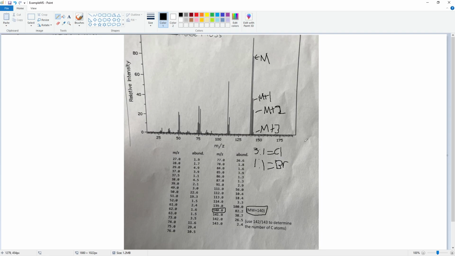And the reasoning behind that is that chlorine and bromine both mainly exist as 2 isotopes. Chlorine tends to be 35 and 37. Bromine is 79 and 81.